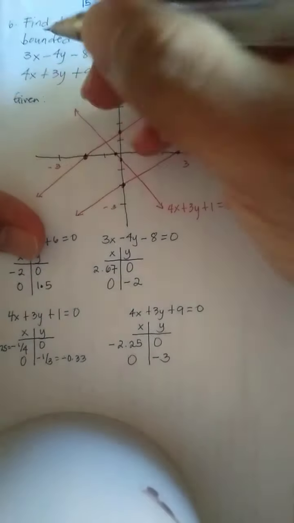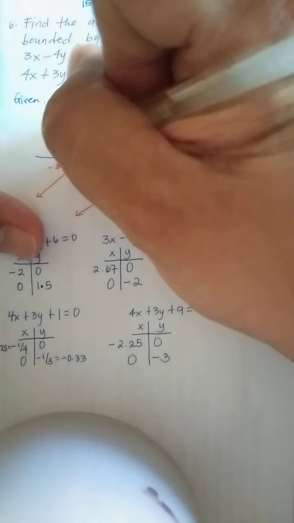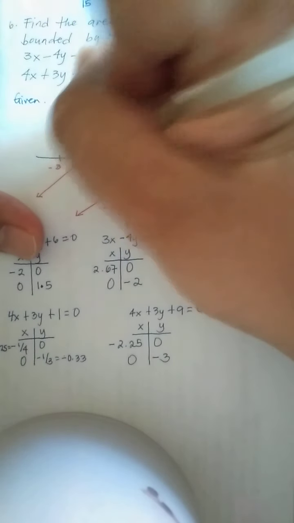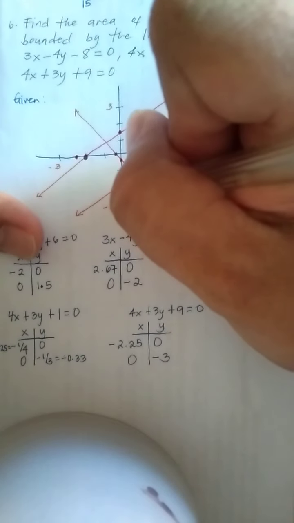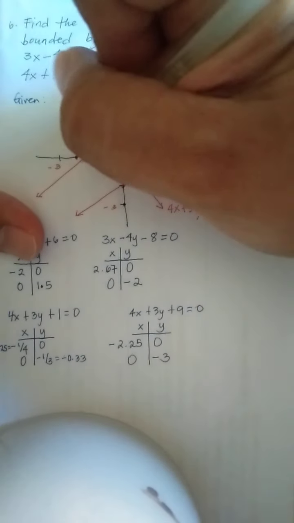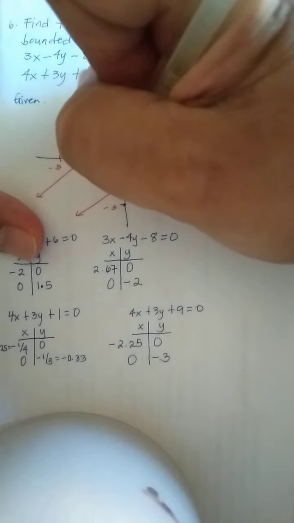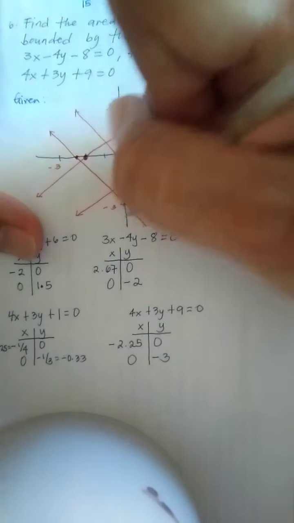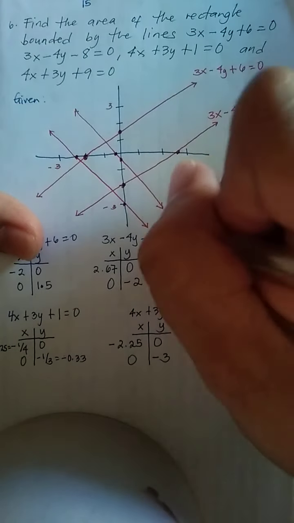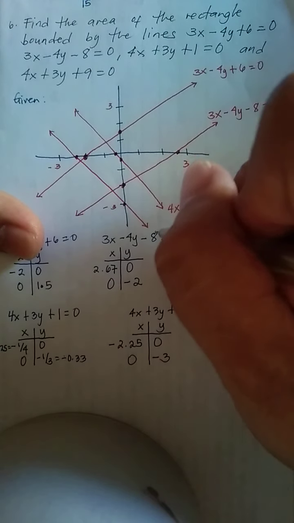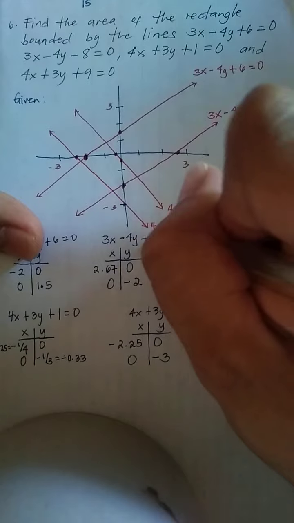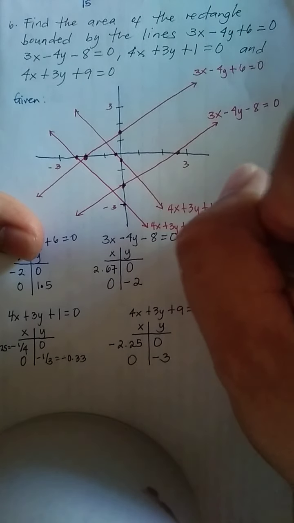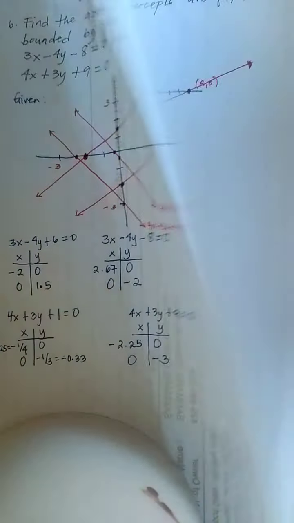And then on the fourth line, negative 2.25 is around here, and then 0, negative 3. Let's graph. This one is 4x plus 3y plus 9 equals 0.